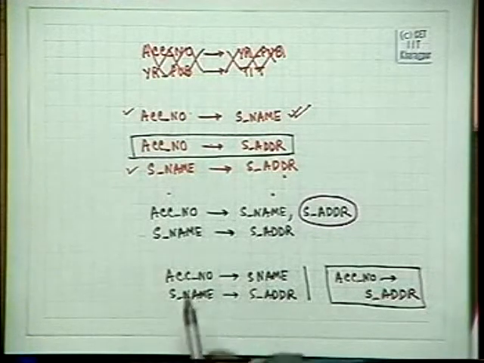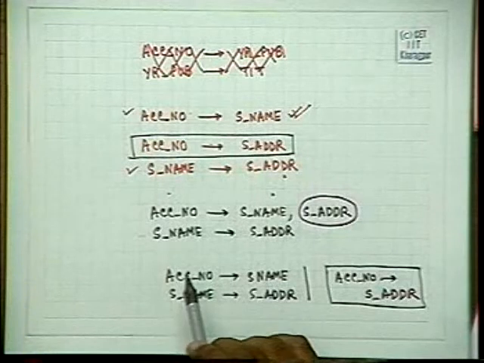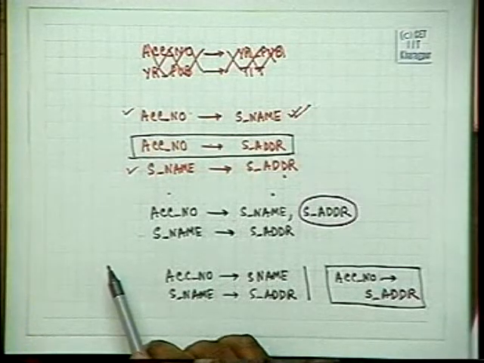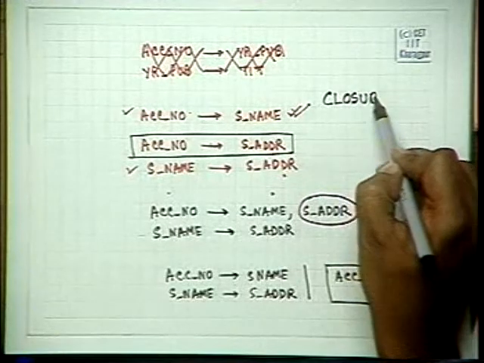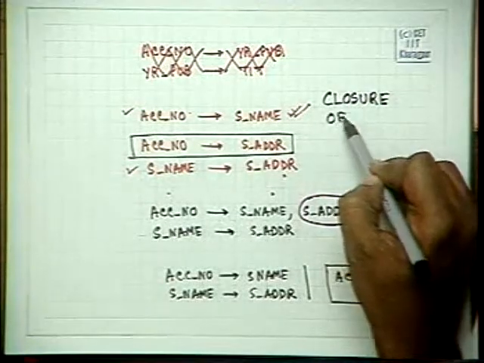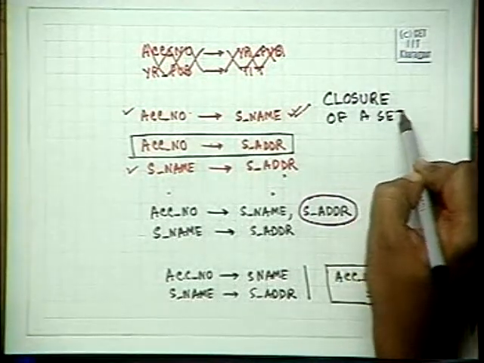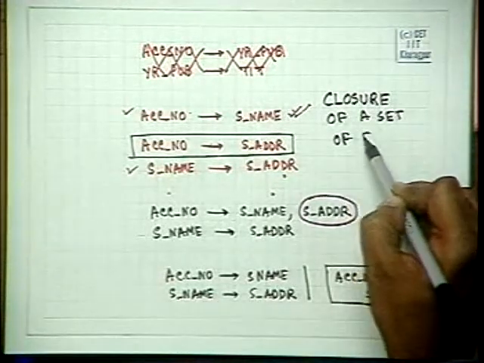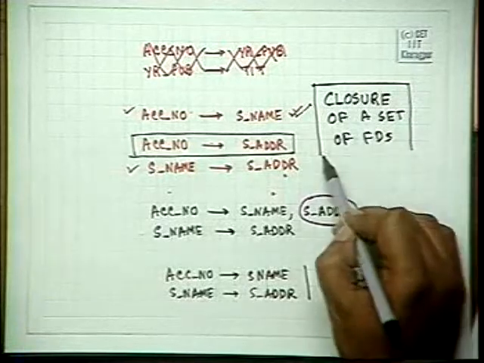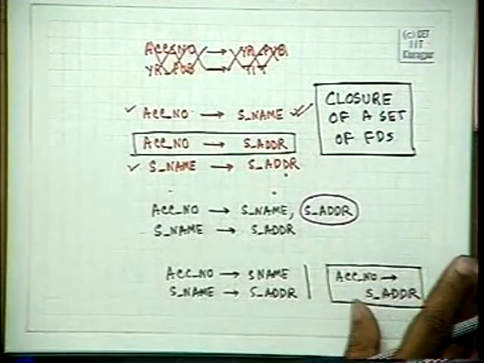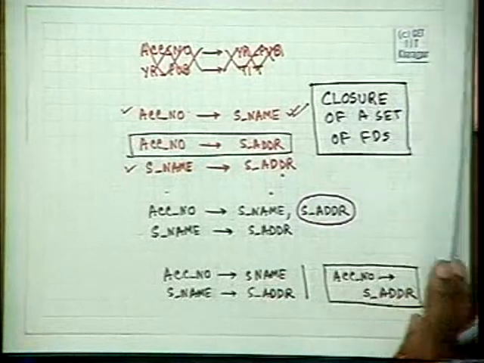To understand the concept of a set of functional dependencies logically implying another set of functional dependencies, we need to understand what is called the closure of a set of FDs. Redundancy will only be understood when we understand the concept of closure of a set of functional dependencies.